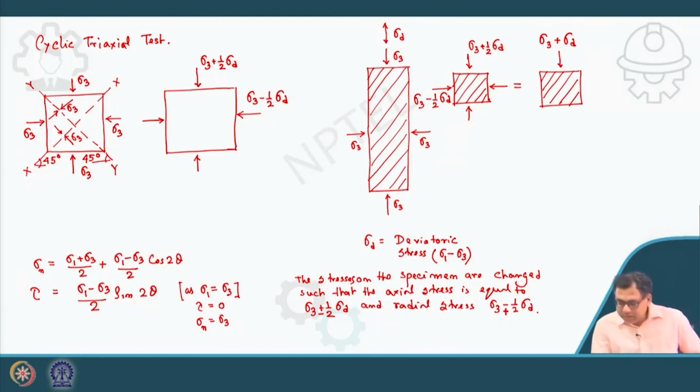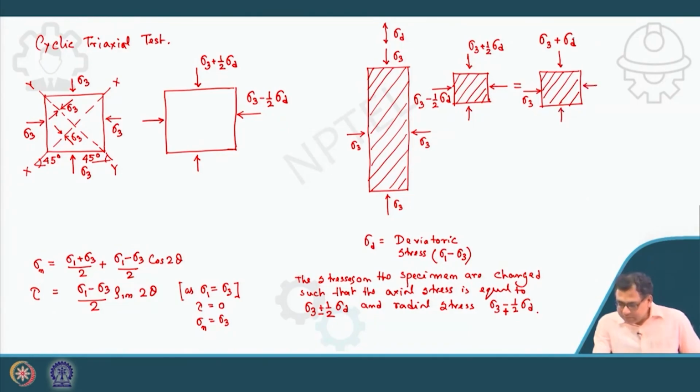So this is my loading, but in this direction the specimen has only sigma 3, it is not changing. This is the condition I want to achieve, but my loading condition is that sigma 3 plus sigma d is acting axially and the radial stress is sigma 3. So how do I achieve this?